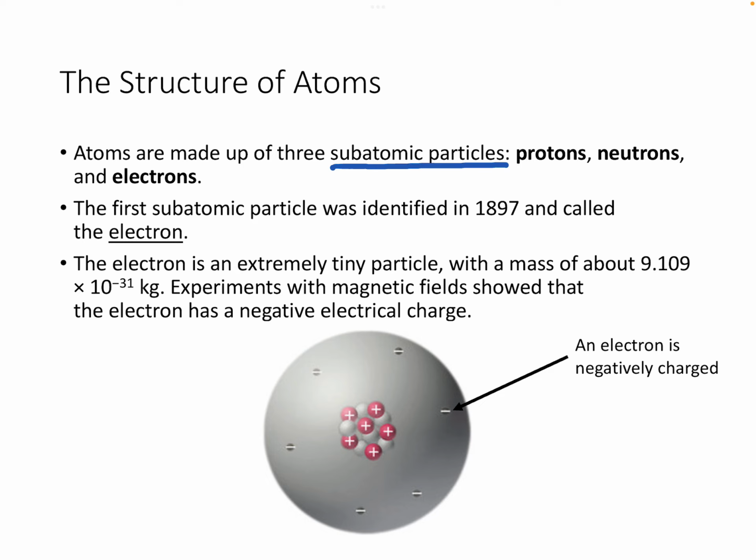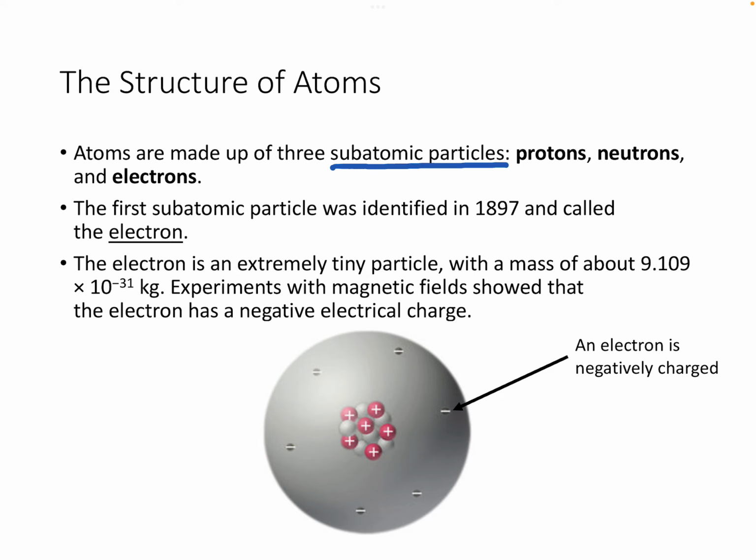Now, again, atoms cannot be broken down into simpler pieces, but they do each contain protons, neutrons, and electrons. So down below I have a figure of an atom, and there's little tiny particles within that atom.